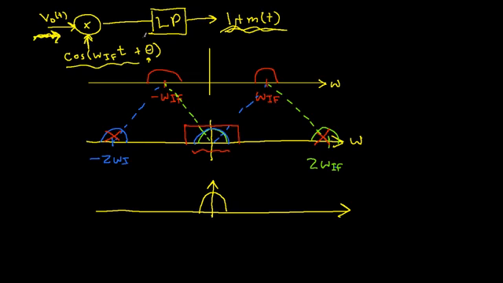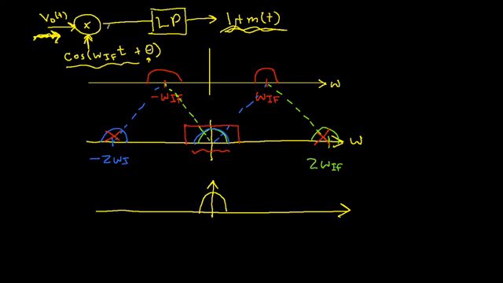To really make this work, I need to know the phase of the sinusoidal part of V sub D, because my cosine omega IF t has to have that same phase. Estimating this phase used to be expensive and difficult. Today, you can buy relatively cheap integrated circuits called phase-locked loops that can do this.